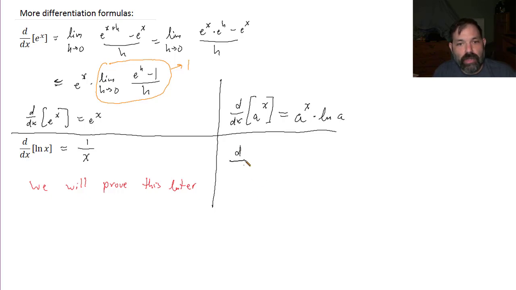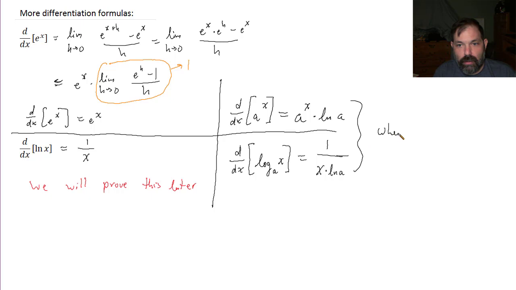Similarly, the derivative with respect to x of the logarithm base a of x is 1 over x times the natural log of a. And for both of these, where a is a constant and really should be positive. Okay?